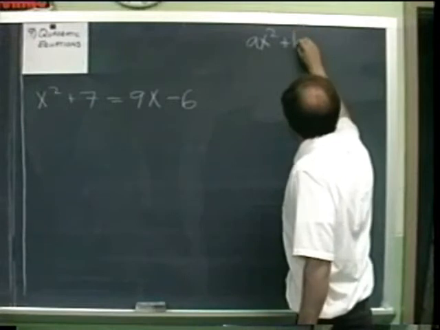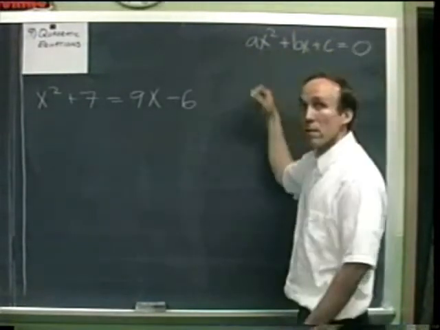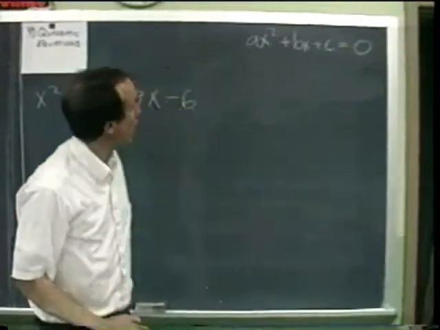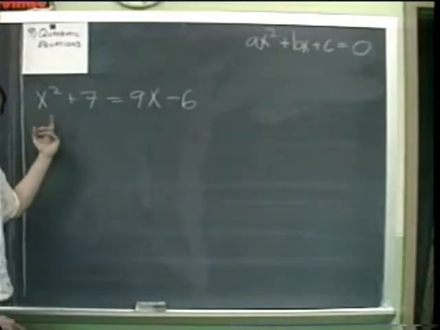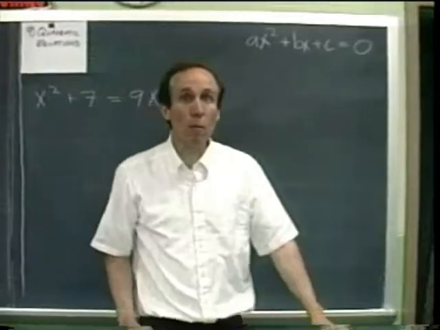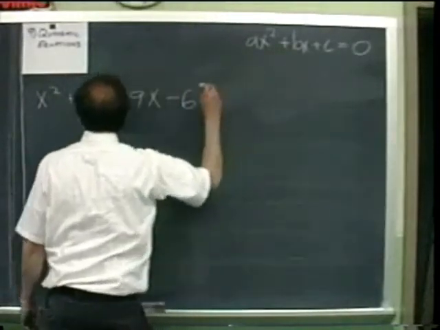So ax squared plus bx plus c is equal to 0 is the standard form. Ours doesn't have that form. It does involve an x squared, which signals us that we might have to use the quadratic formula, but it's certainly not in this form.